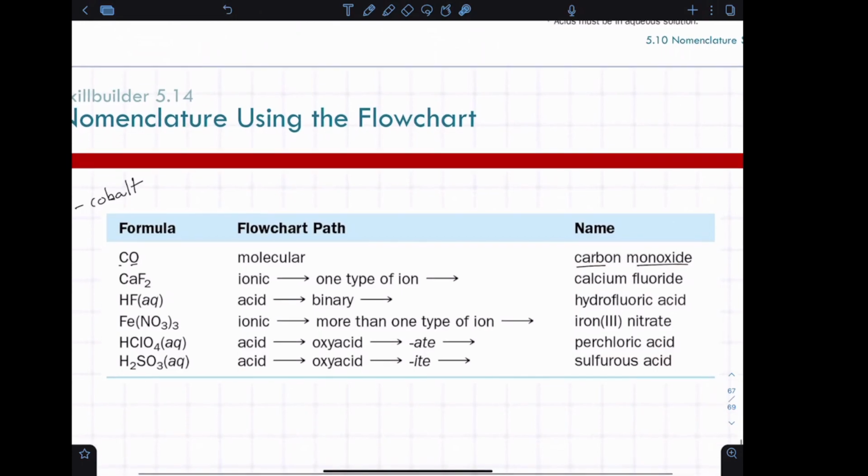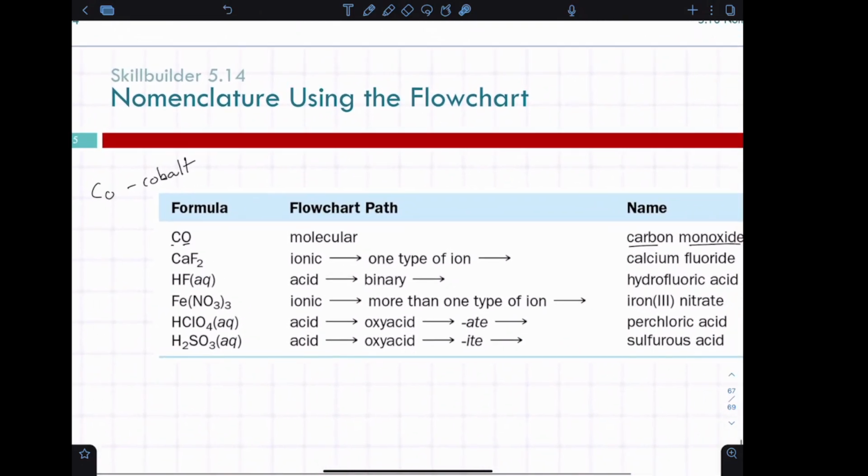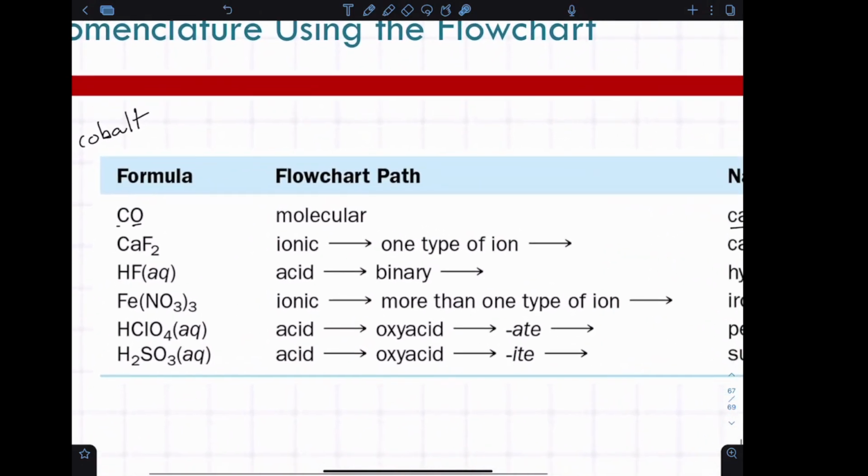So if we do this again, we can do calcium and fluorine. So calcium, is it a metal or a nonmetal? Again, if you want to type in the chat, that's cool. Or just think to yourself, calcium, metal or nonmetal.